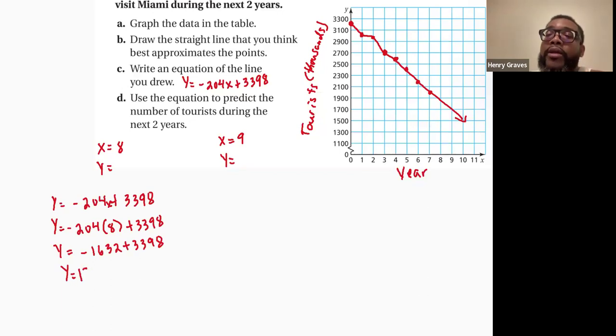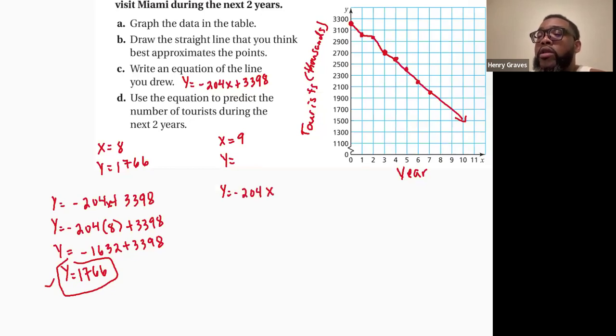So it's going to be 1766. Let's see for y for 9. So y is going to equal negative 204x plus 3398, which means y equals negative 204 times 9 plus 3398.